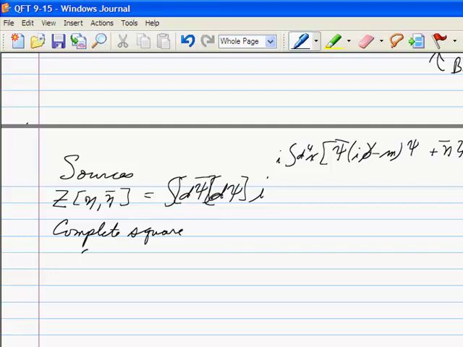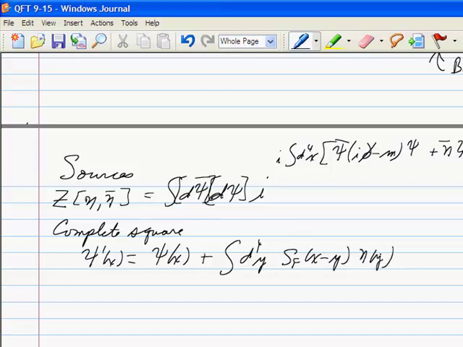We want psi prime of x to be psi of x plus the integral d4y, Feynman propagator S_F of x minus y, eta of y.